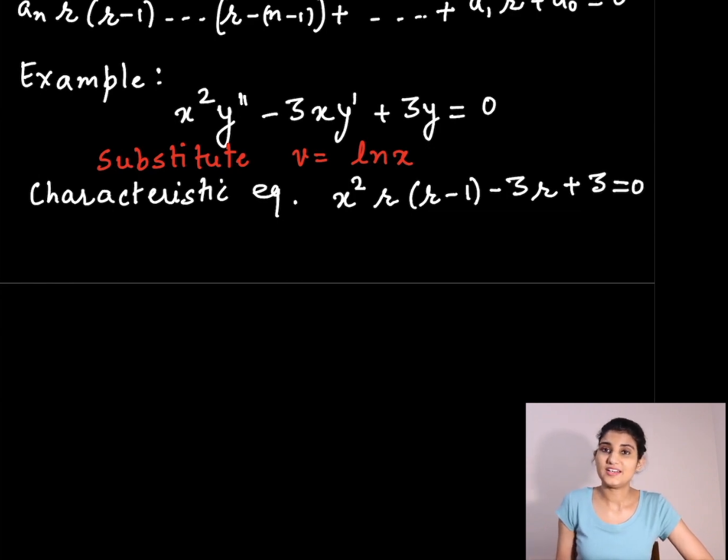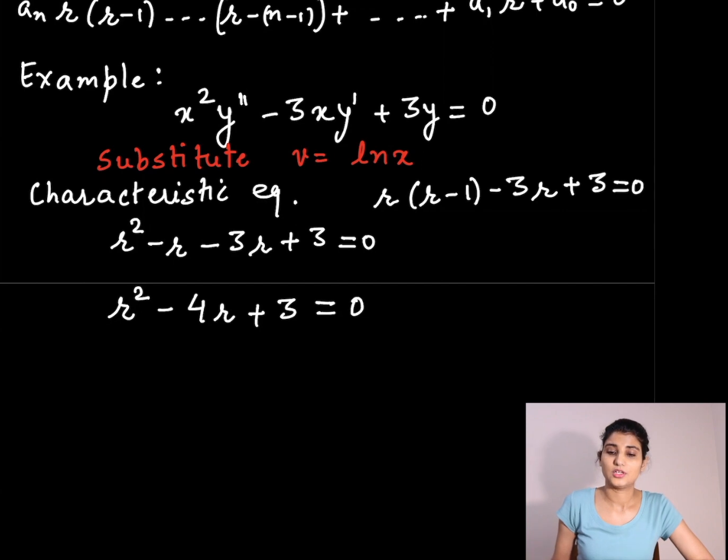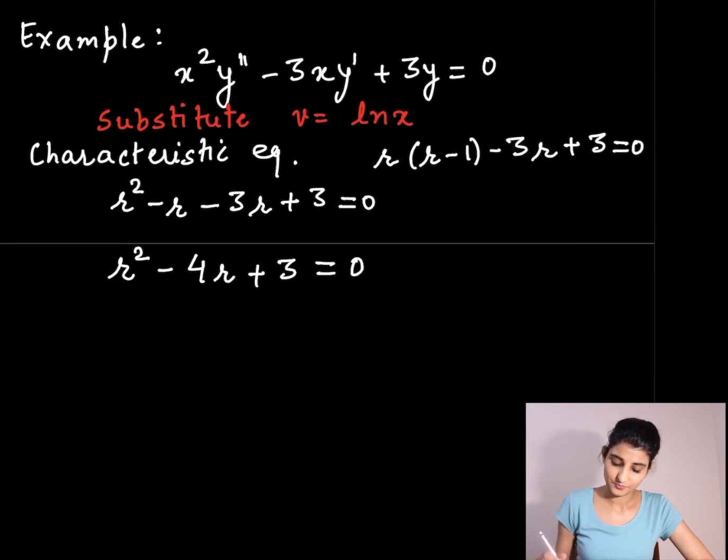Now we want to find the roots of this equation. Oh, not x square, just the coefficient. The coefficient is 1, so just r times (r minus 1). So we have r square minus r minus 3r plus 3 equal to 0, which means r square minus 4r plus 3 equal to 0. You can factorize this or use the quadratic formula.